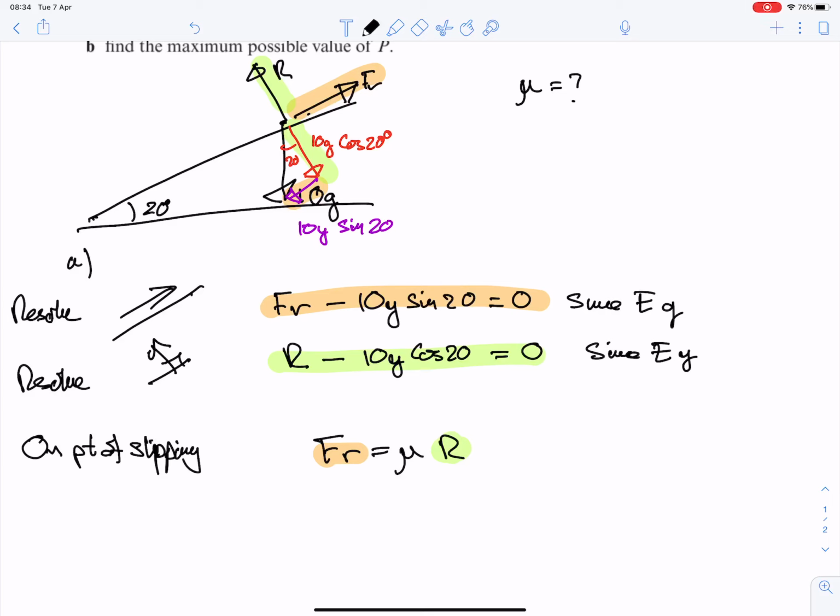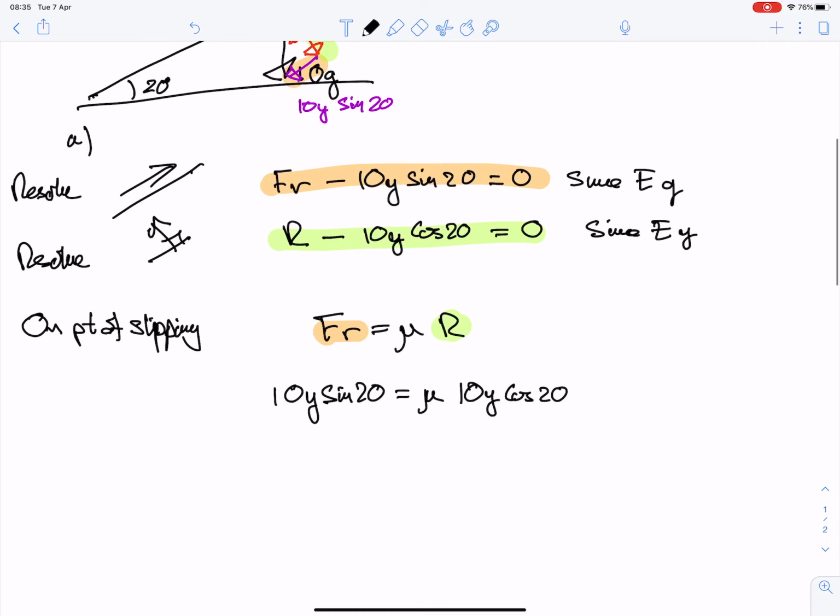So 10g sine of 20 equals mu times 10g cos of 20. So mu is equal to, divide by 10g, sine of 20 over cos of 20, and we should be able to recognise that as tan of 20 degrees.